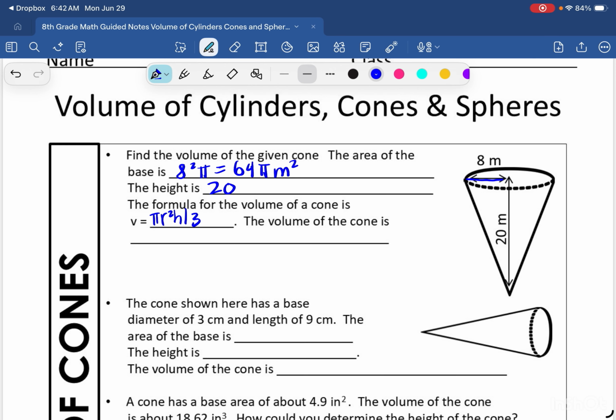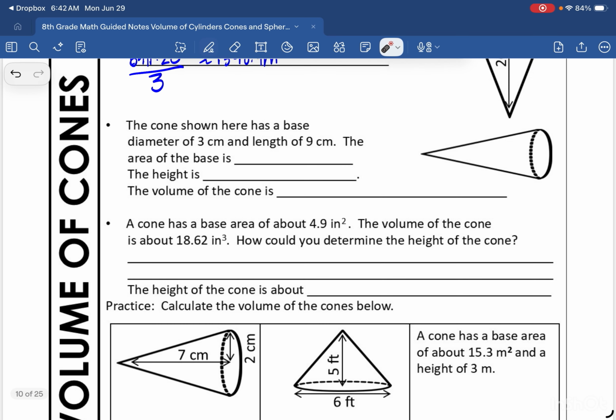The volume of the cone is 64 pi, the area of the base, times the distance between them, 20, and I'm going to divide that by 3, and that equals about 1,340.4 meters cubed.